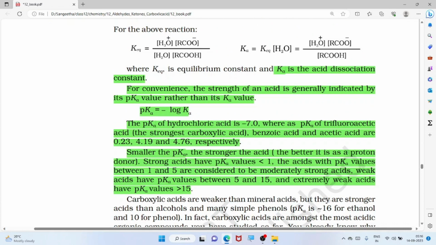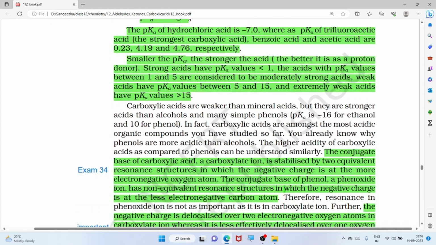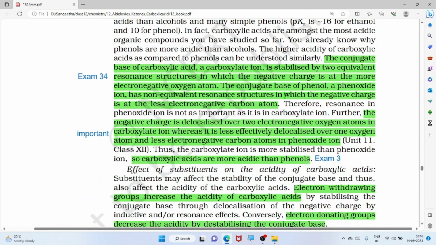So how to determine the acidity? This is the acid dissociation constant, based on pKa values. Strong acid means its value is less than 1. This is the difference between the carboxylate ion and the phenoxide ion.